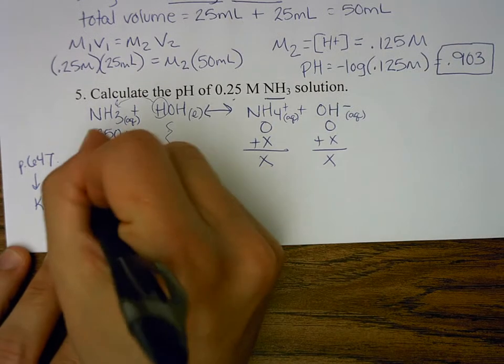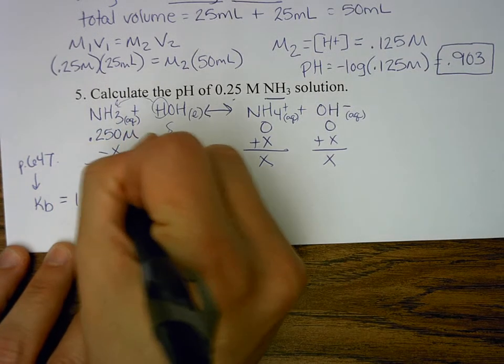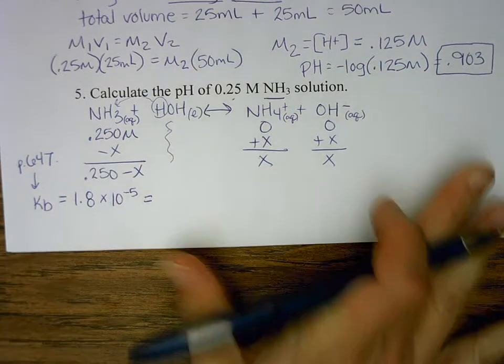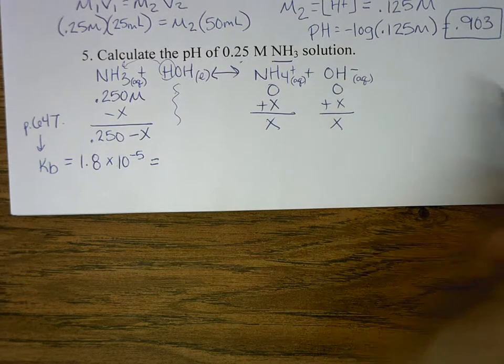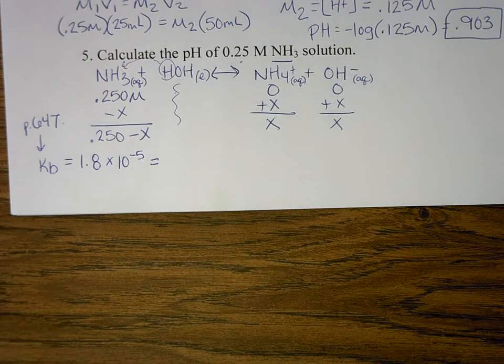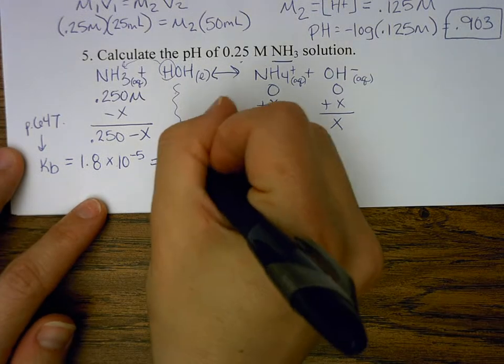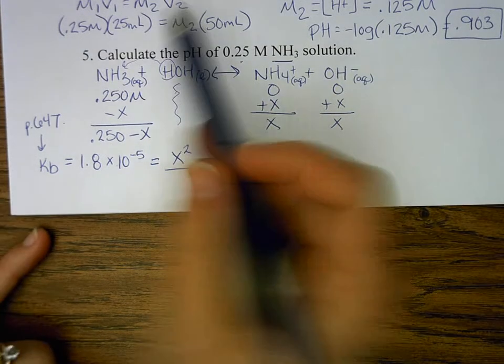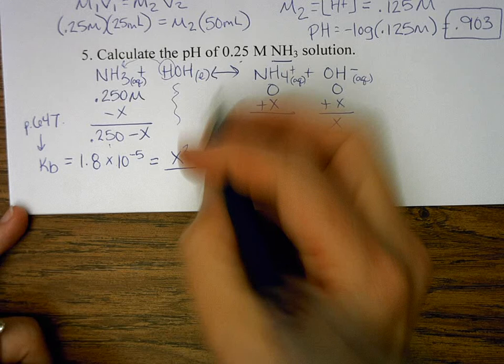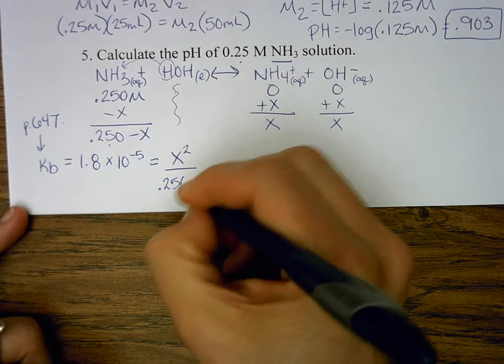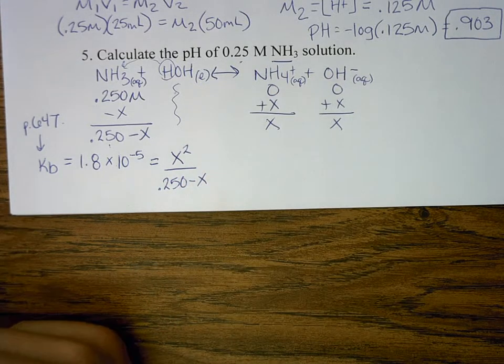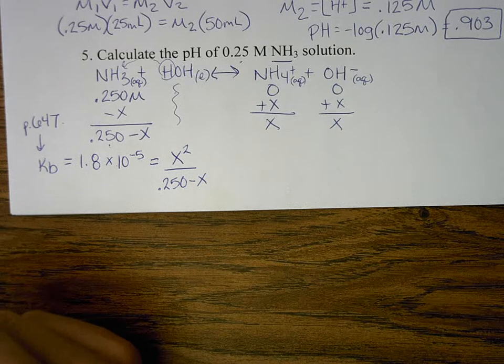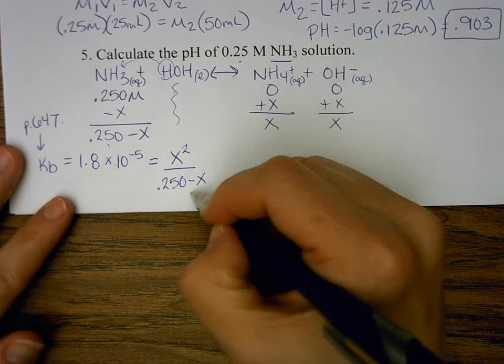So I'm going to use my Kb value and set it equal to my equilibrium expression to solve for X. So it's X squared, products over reactants, X squared over 0.250 minus X. That cancels out.